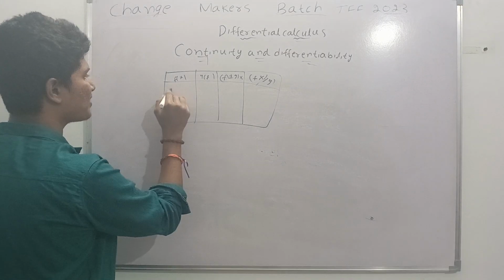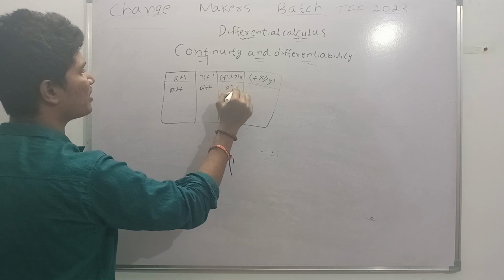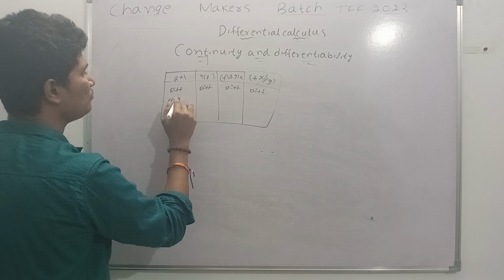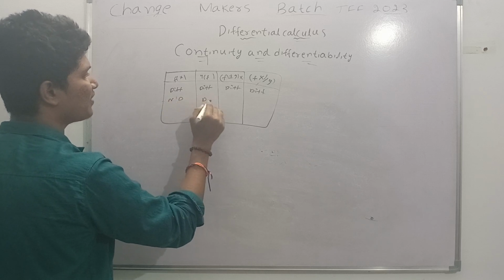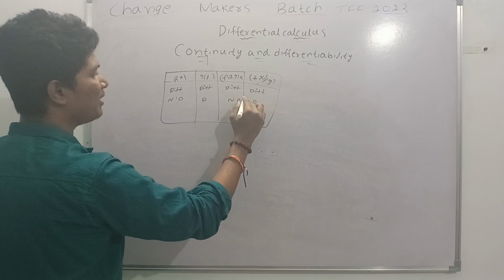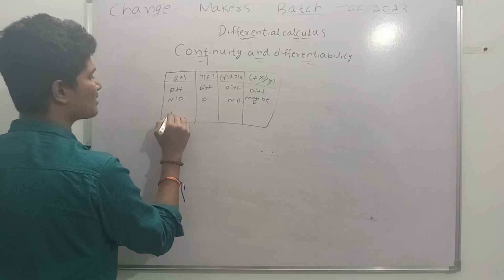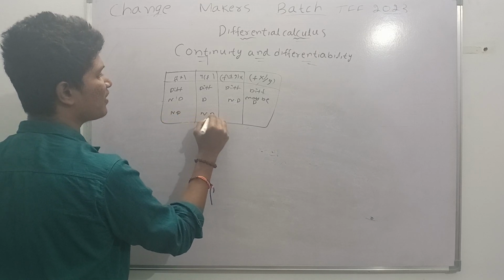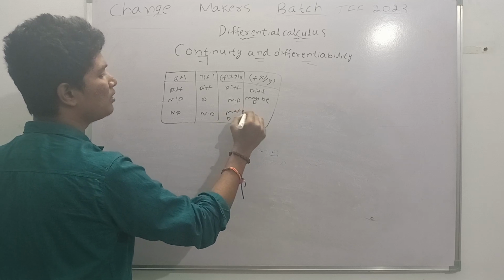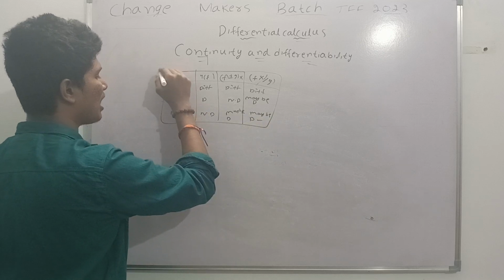Now if f of x is differentiable and g of x is also differentiable, these will be differentiable. And if one is not differentiable and the other is differentiable, you will get not differentiable, or maybe differentiable. And if both are non-differentiable, this may be differentiable, this also may be differentiable. This is a table you have to understand.